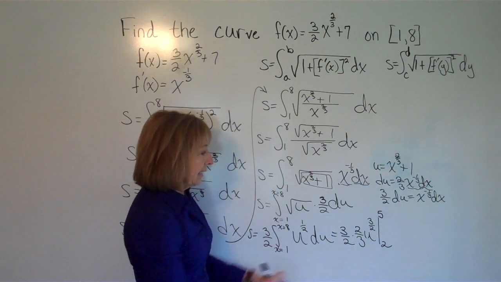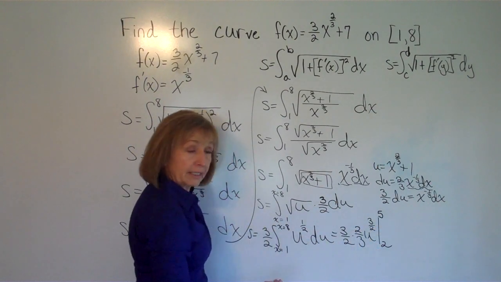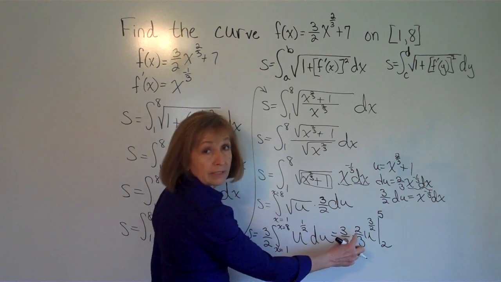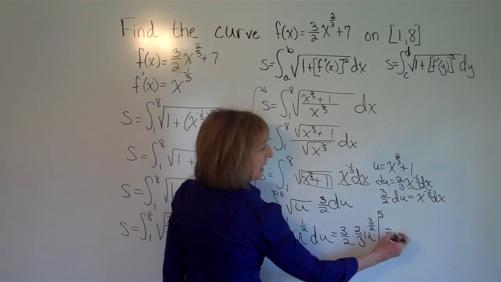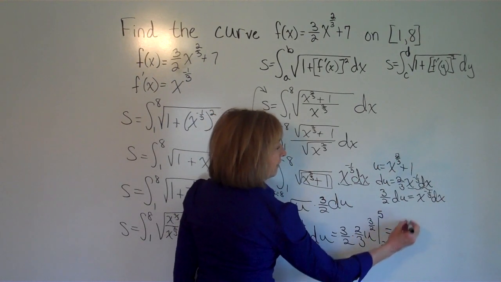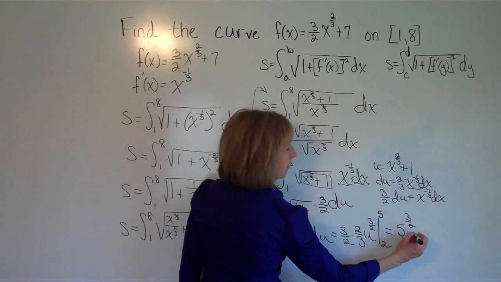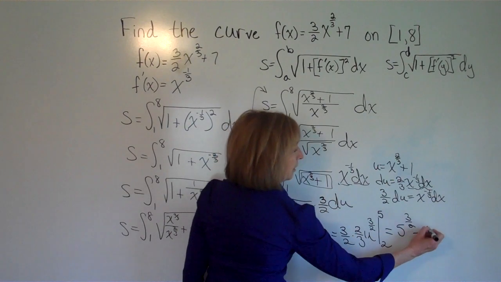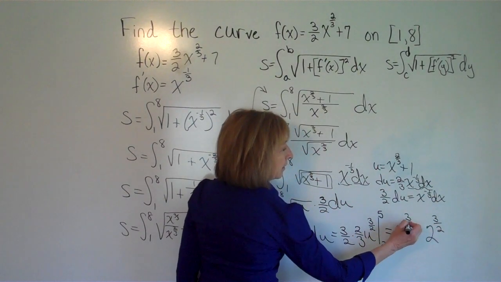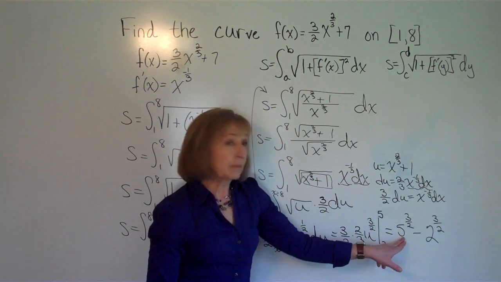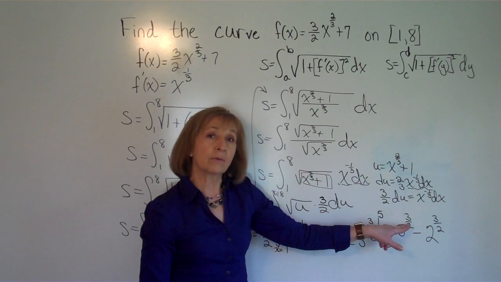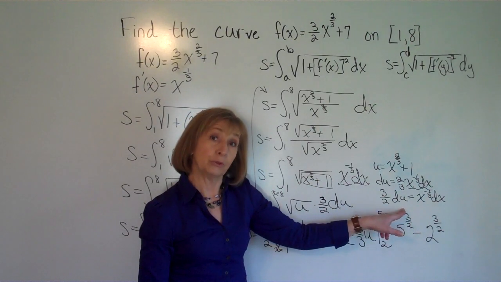So now I can look at this expression and plug in the values. The 3/2 times 2/3, that's just 1. And I've transitioned these values to u's. So that's 5 to the 3/2 minus, plug in the 2, 2 to the 3/2. And remember, that means 5 to the 3/2 power is the square root of 5 cubed.